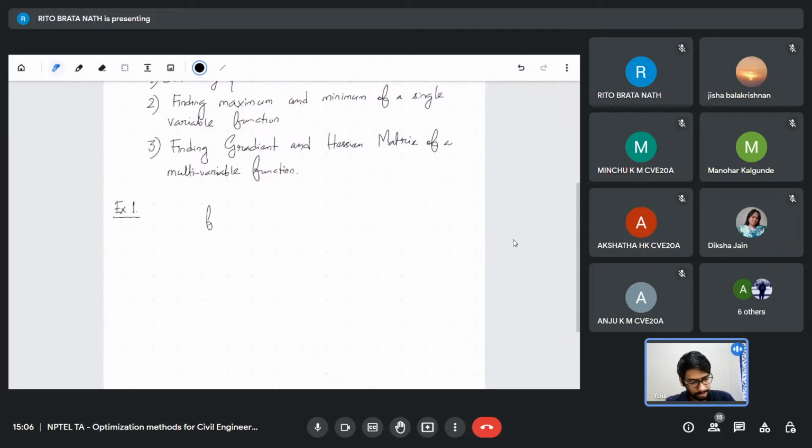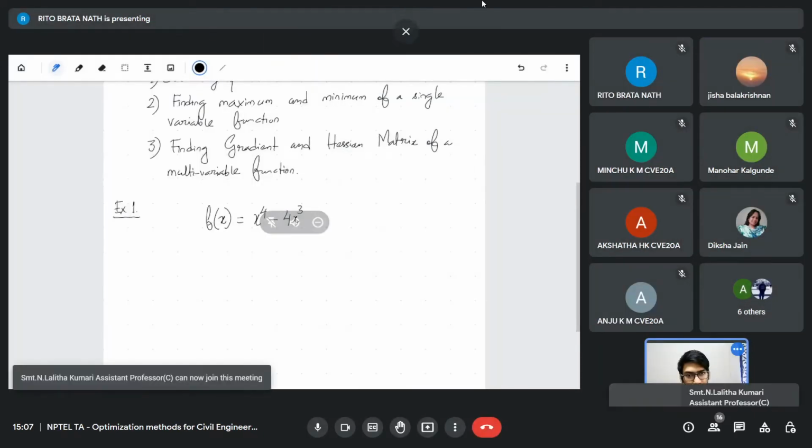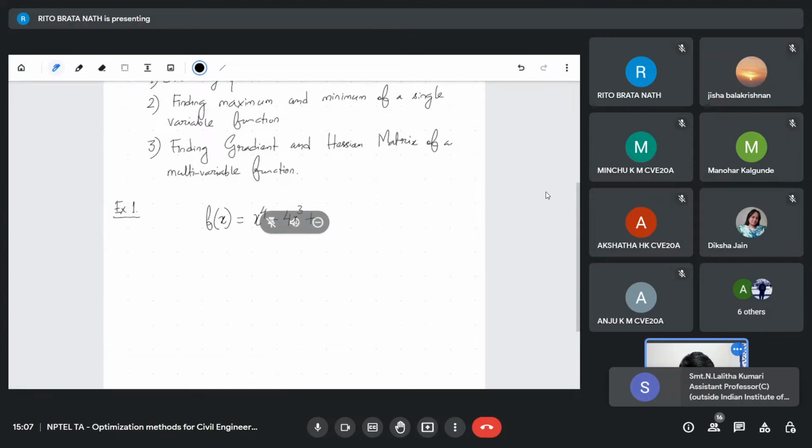Suppose I take a single variable function f(x), which is say x to the power 4 minus 4x cube plus 4x square minus 9.